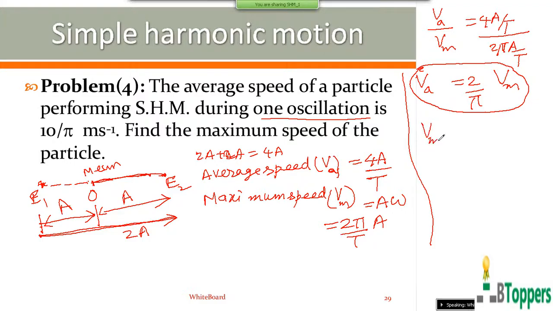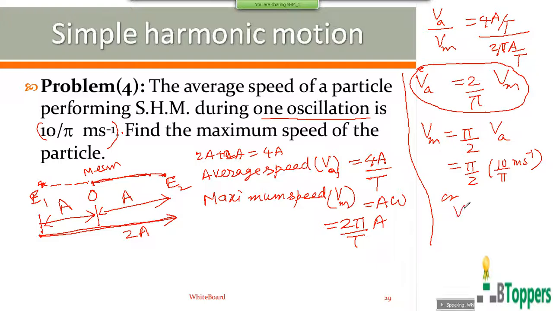So the maximum speed during the oscillations can be written as pi by 2 times the average speed during the oscillations. You are given the average speed during one oscillation, 10 by pi meter per second. That means V subscript A is given to be 10 by pi meter per second.